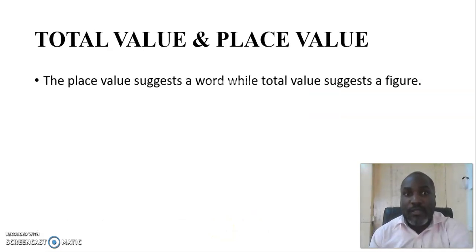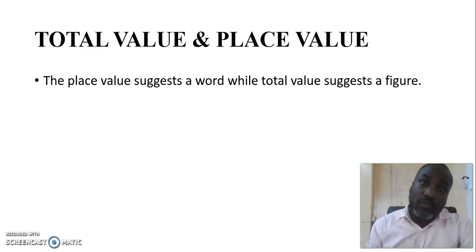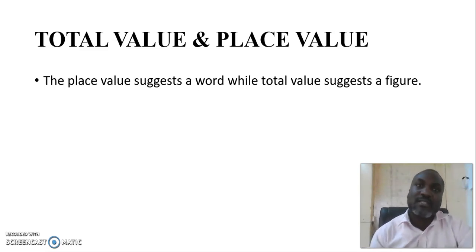Now, the place value will suggest a word, while the total value will suggest a figure. So we have to really understand these two terms. Each time we're talking about the place value, what should come into our mind is a word, such as tens, hundreds, ones, thousands.